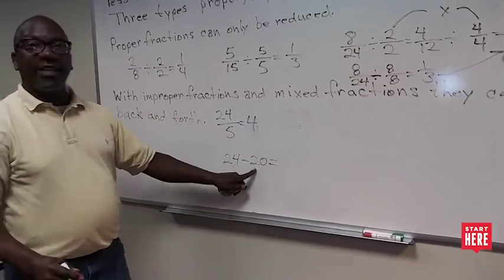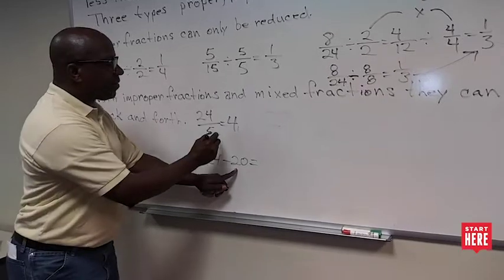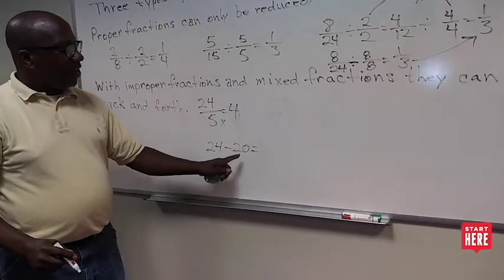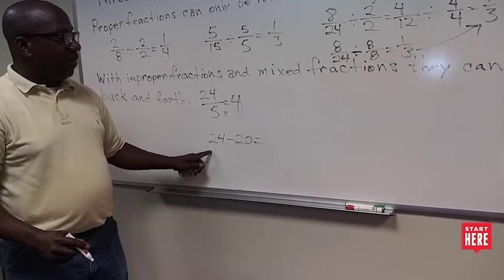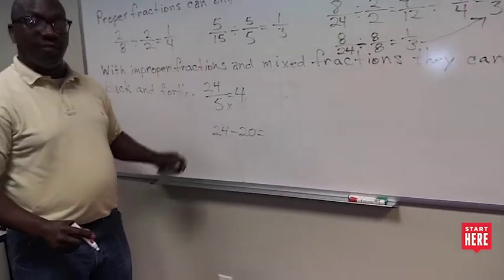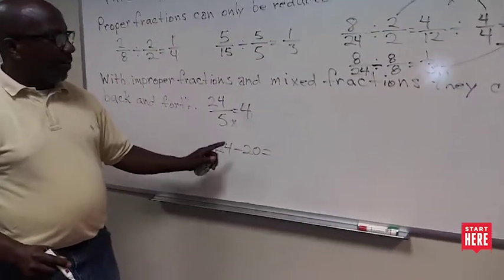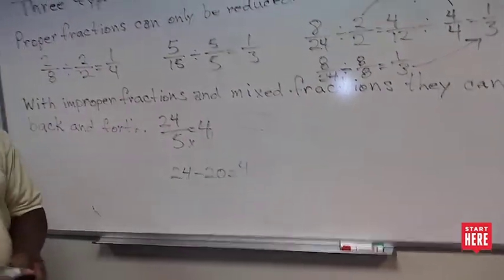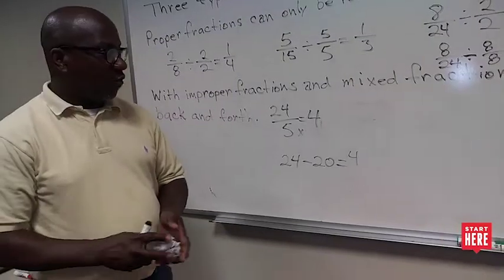Remember, 20 is my product of 5 times 4. I want to subtract that product from the numerator, 24. 24 minus 20 is 4. I have 4 left over.